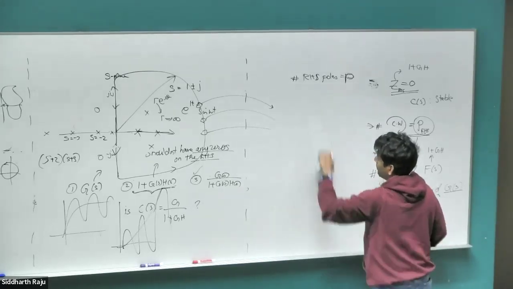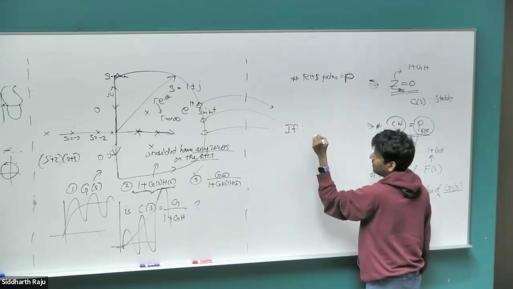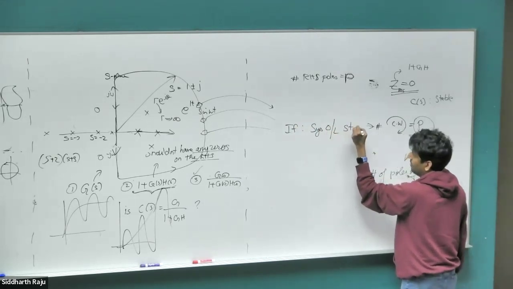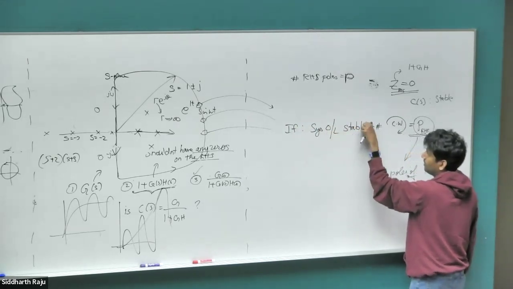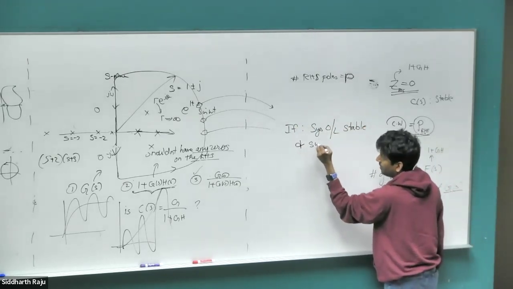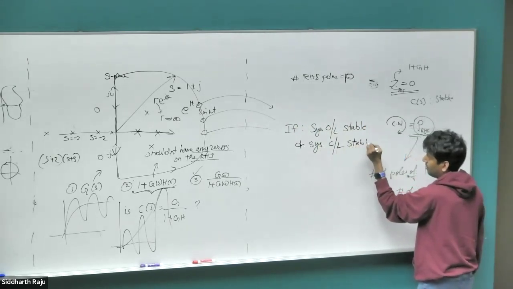this is what we are going to make some observations on. If the system is open loop stable and the system is closed loop stable.